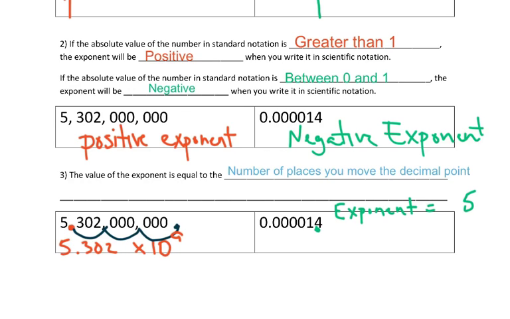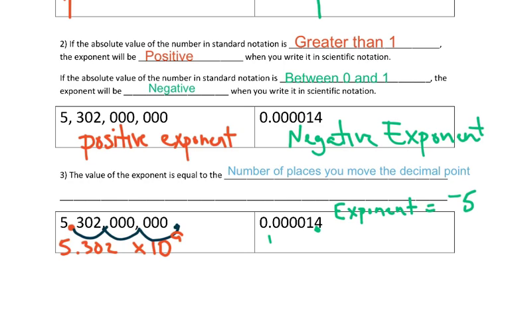Now, if I come back up here, I wrote down that I had to have a negative exponent, and that's because my original problem was between 0 and 1. So since this is between 0 and 1, my exponent has to be negative, so that means the exponent should really be negative 5. So I'm ready to write the answer.